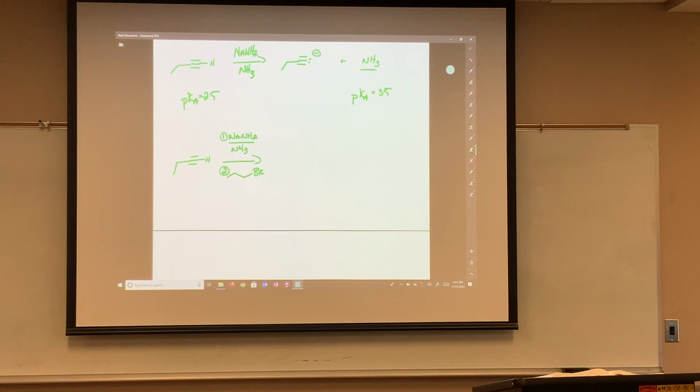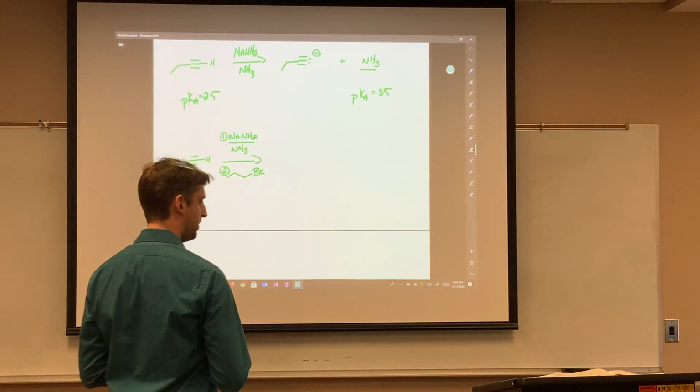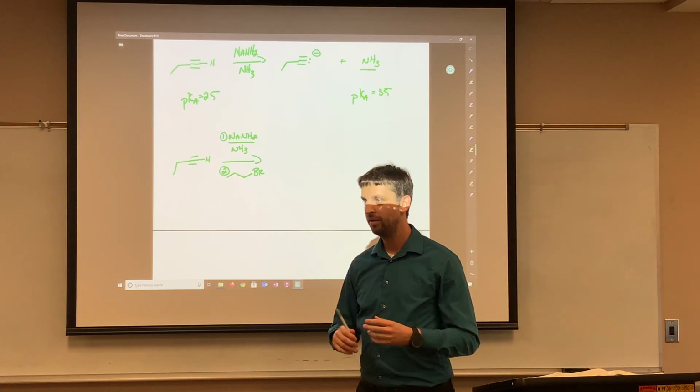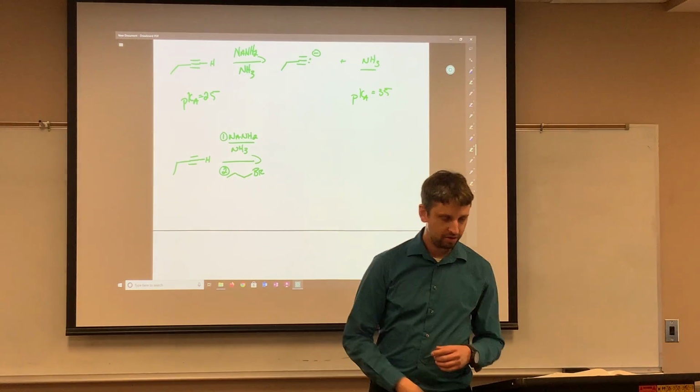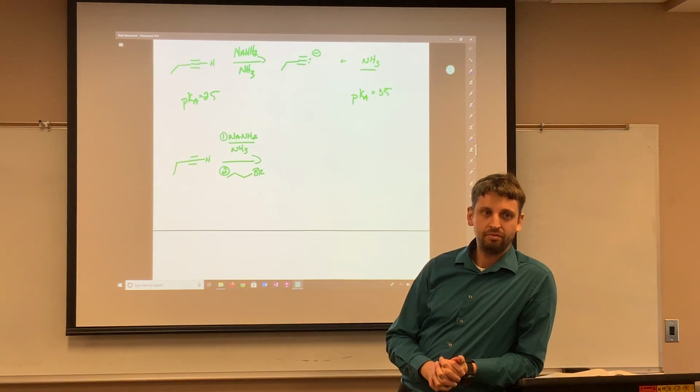What happens after step one? Step one, we deprotonate our terminal alkyne, right? Then what do we do? What do we have in part two there? Nothing. I think you guys got it wrong. What do we have in part two? We have a weak base.